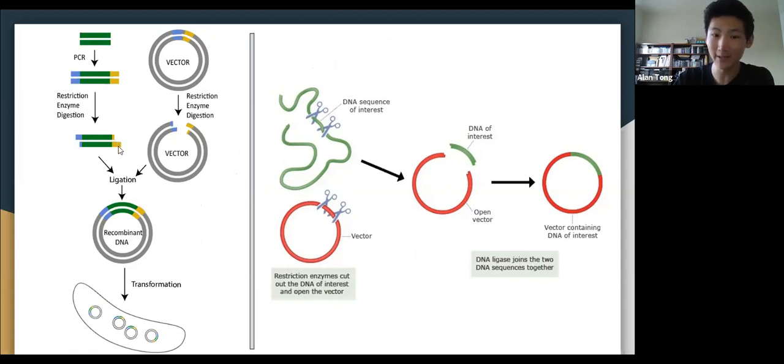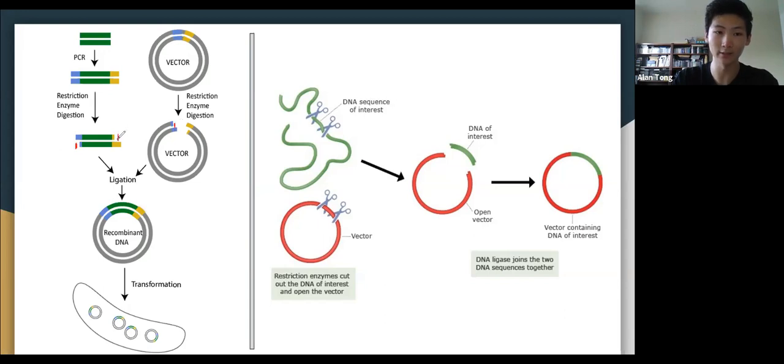And here's the important part: you have to use the same restriction enzymes on both your gene of interest and your plasmid. So then you form the same sticky ends. You see how that works? Then you mix them together, and there's this process called ligation, where you combine them together. You see how this sticky end will be complementary to this sticky end.